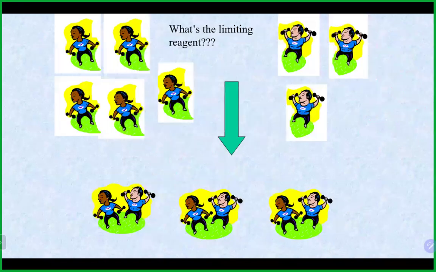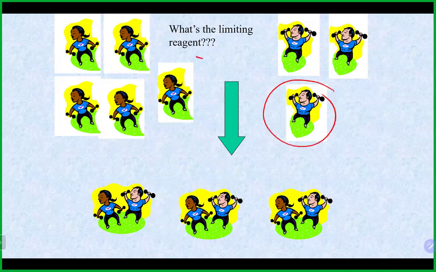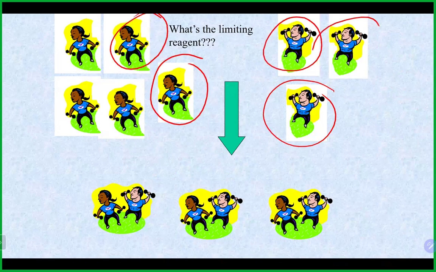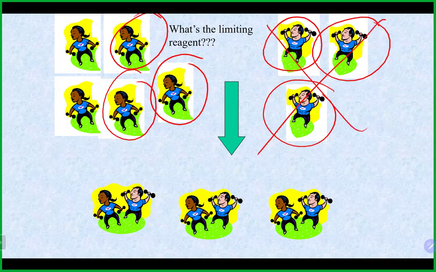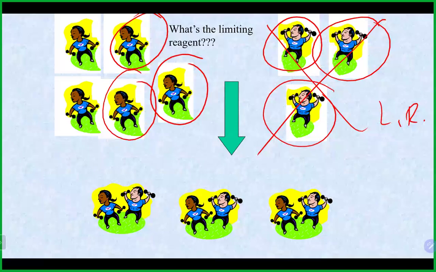So for example here, if we're going to react our workout people here, we obviously need 1 of each to make our workout buddies here. So 1 there, 1 there, 1 there, 1 there, 1 there, 1 there. At this point, we are out of workout people here on the right, which means that is our limiting reagent, as there is no way we could obviously make any more workout buddies.